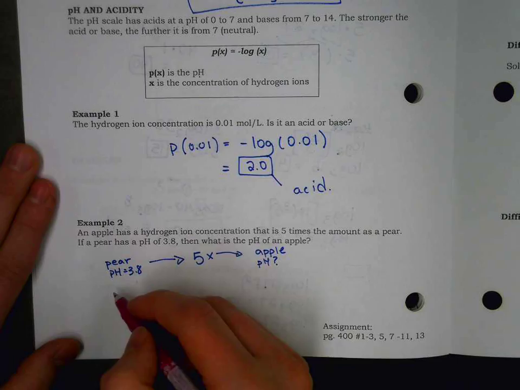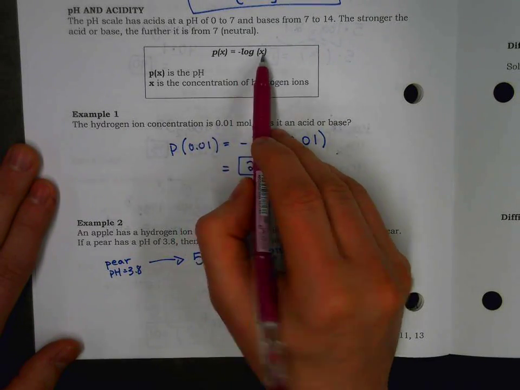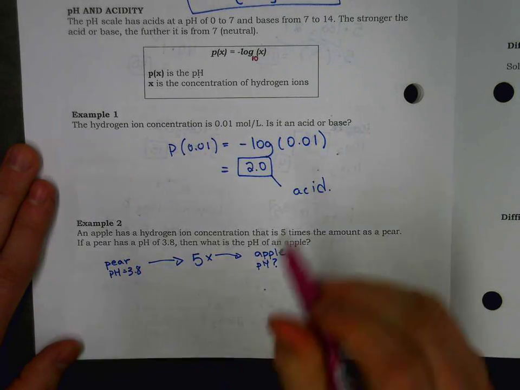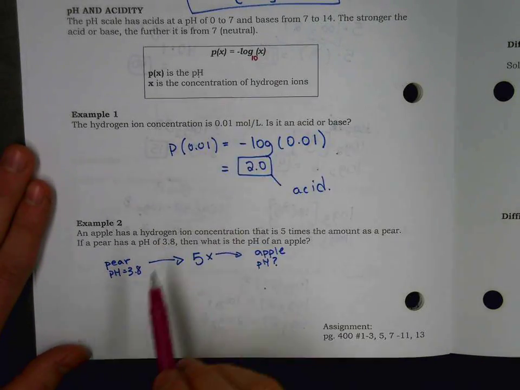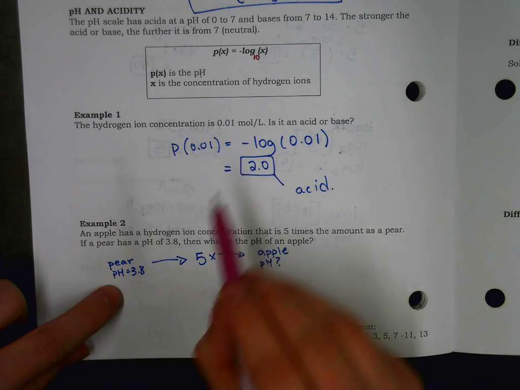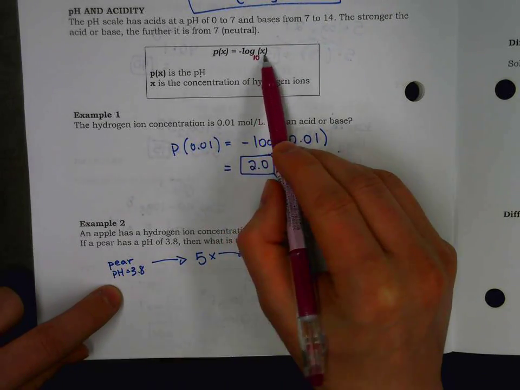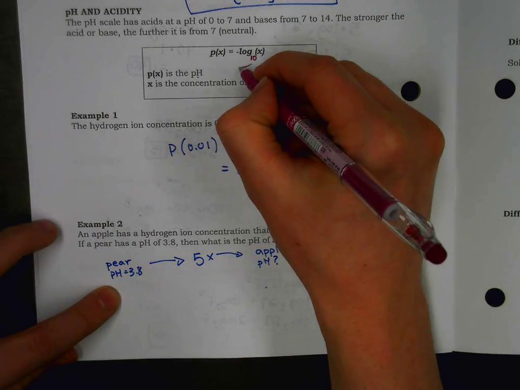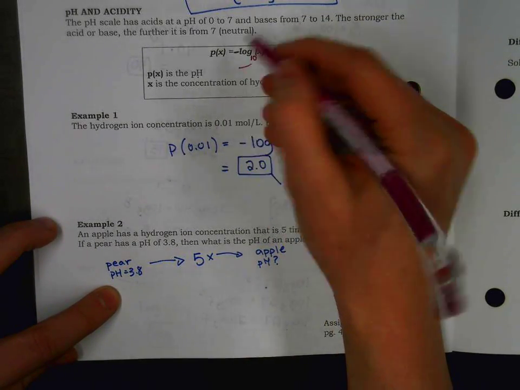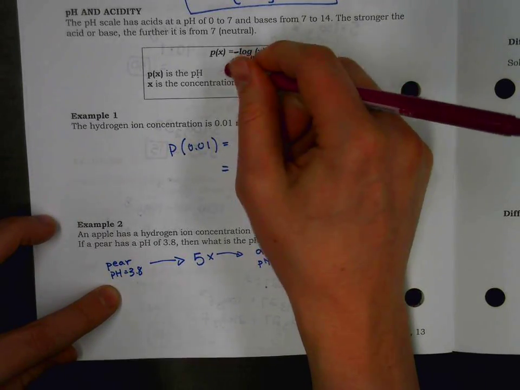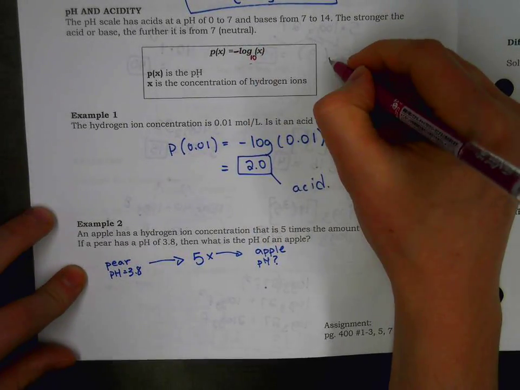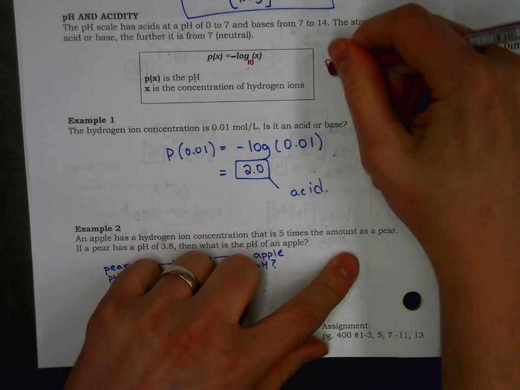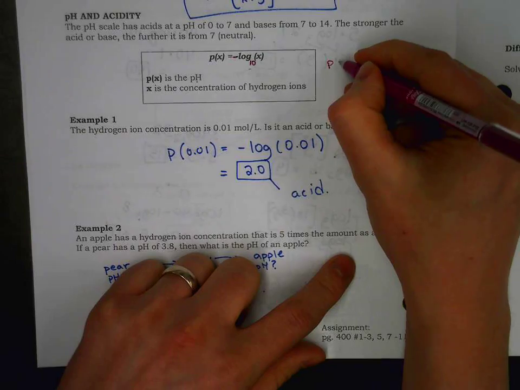So we have a formula which says negative log, I'm going to write a little base 10 in there, of our hydrogen ion concentration. What we're needing right now is our hydrogen ion concentration, X, from our pH. So if we rearrange this formula using the log, we might have to get rid of that negative first. So I might be a little bit cautious and rewrite this by saying the pH, and let's write this for its simplicity as an actual pH.